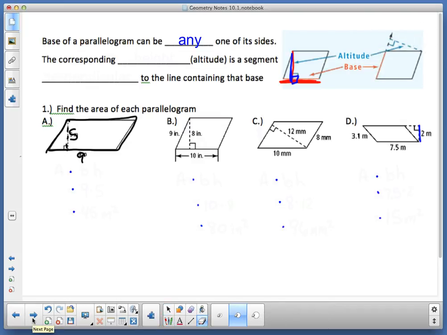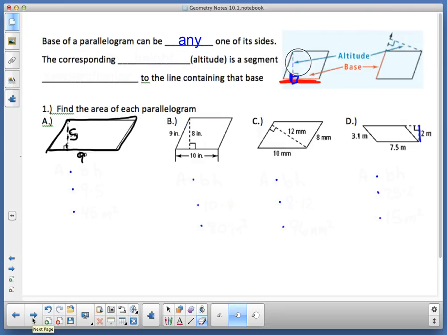The height of any shape is a perpendicular line extending from a side or a line that contains the side. That's pretty important: it's a line that contains the side. So this is the height, this is the base, and this is a line that contains the side. That could be base times height as well.